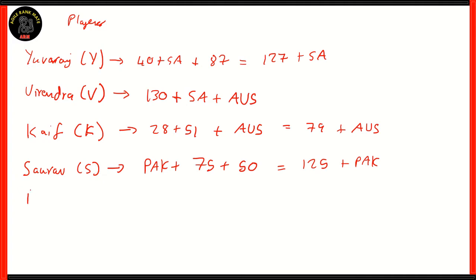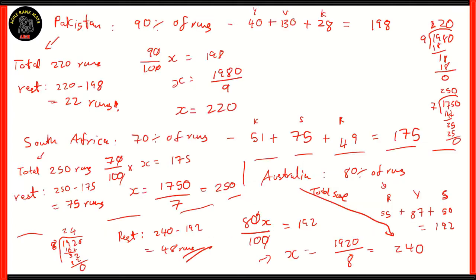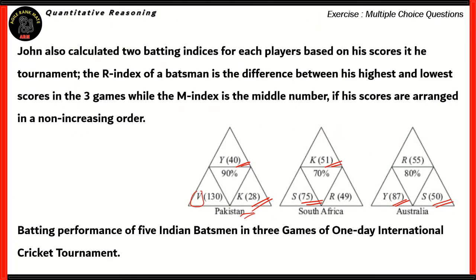And finally, we have Rahul, represented as R. Now again, Rahul is not present in the top three scores against Pakistan, so we can assume that he had contributed among the rest. Now against South Africa, Rahul scored 49, and against Australia, Rahul scored 55.